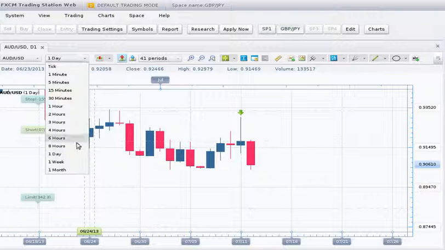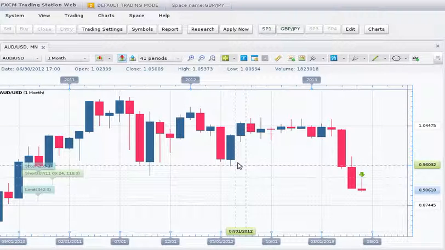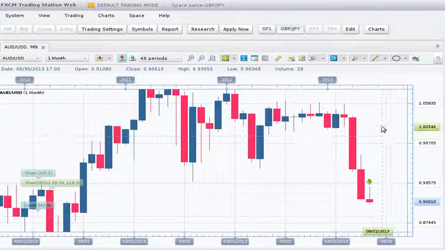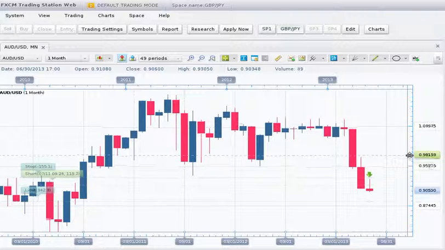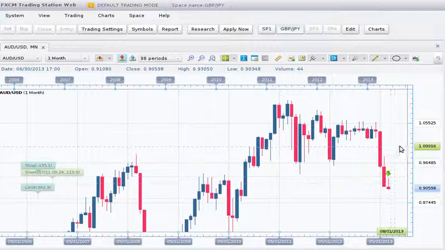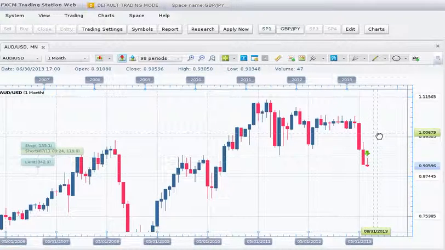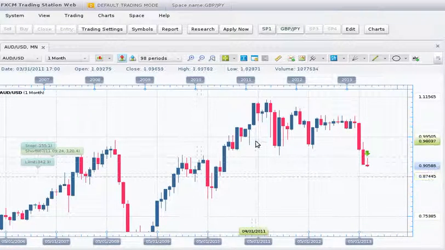I wanted to talk a little bit about how to find trades, because I haven't talked about that much yet. What we have here is a monthly chart, and each one of these bars represents a month.